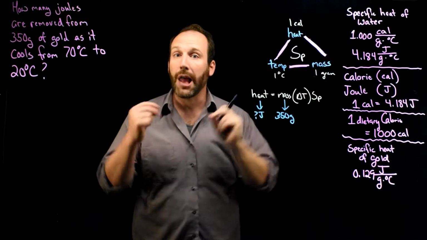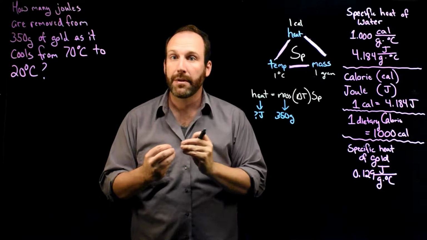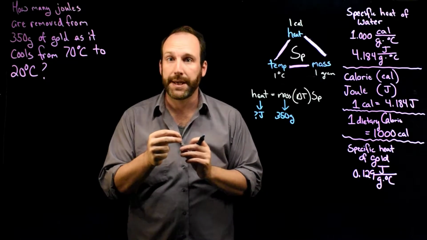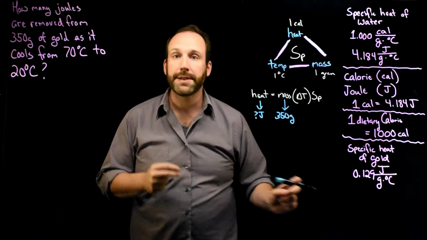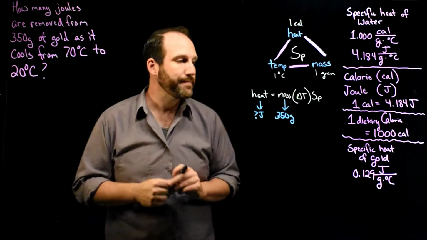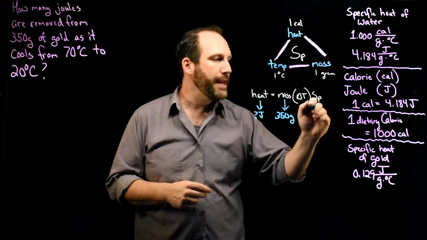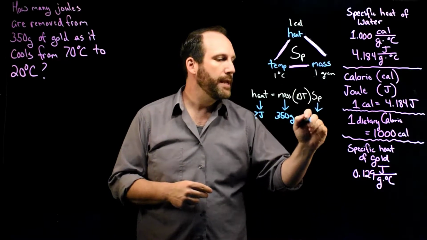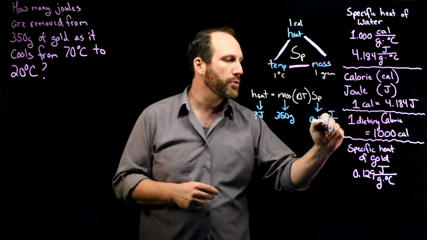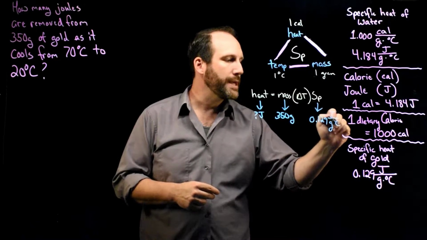It takes a lot more heat, okay, to raise a gram of water 1 degree Celsius than it does to raise a gram of gold 1 degree Celsius. Okay? So our specific heat here for gold is going to be 0.129 joules per gram degree Celsius.